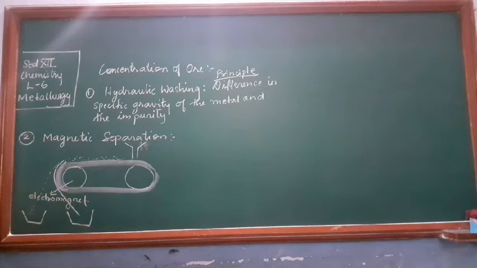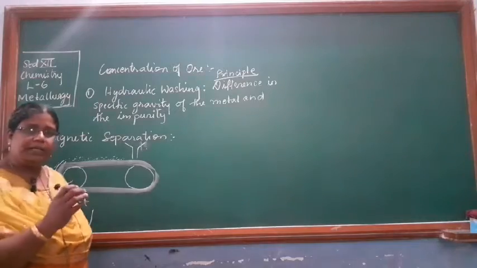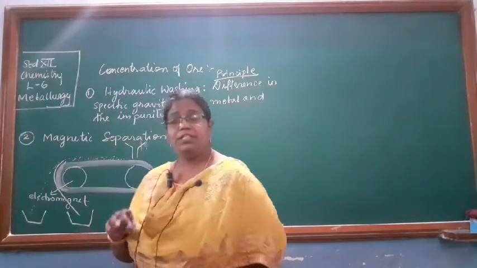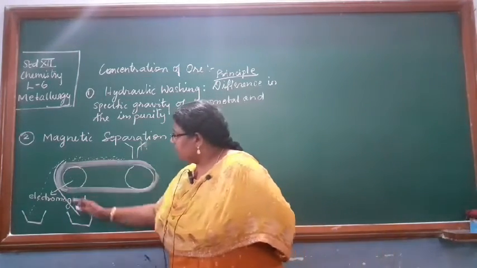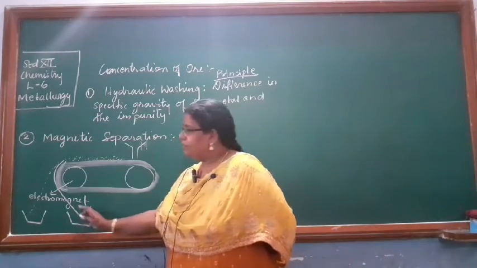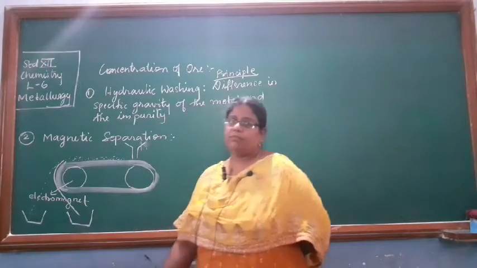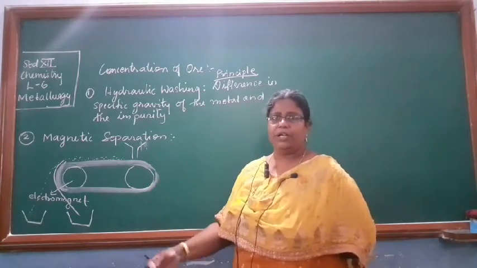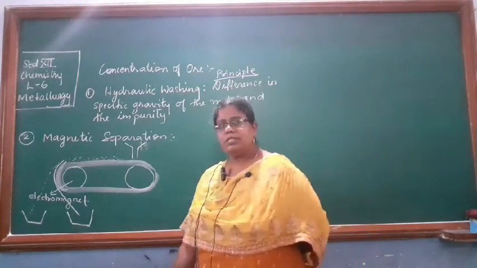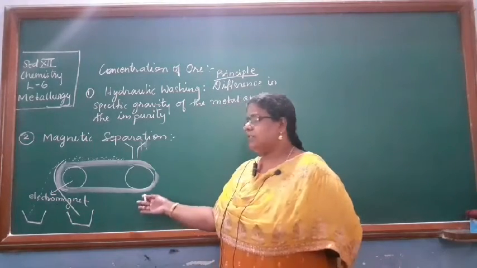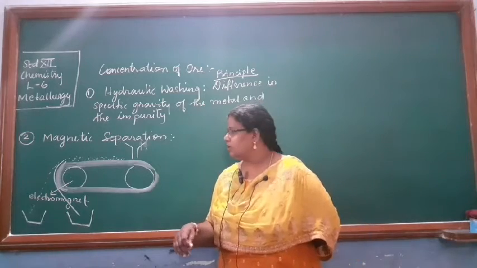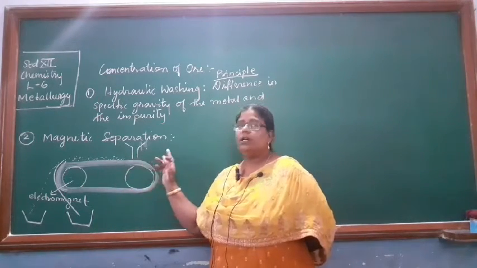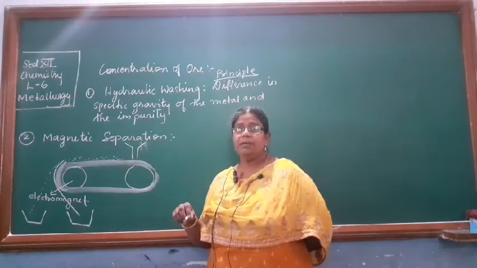And if your metal is magnetic in nature, that is, it is attracted towards the magnet, then it will be collected at the other end, while impurities will be separated out. That is what it means. I hope this particular topic you have already studied earlier also. So what is the principle behind magnetic separation?